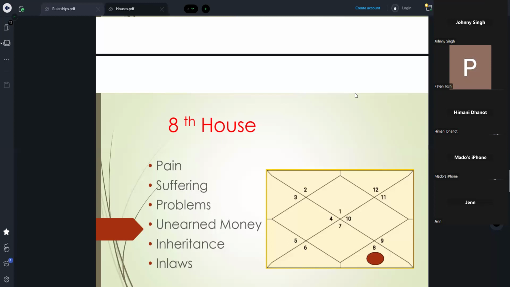What we're learning here is basic, but I'm trying to strengthen your base, because once your base is strong, you will be able to derive your own formulas. You'll be able to look at a house, or a combination of houses, and answer people's questions.